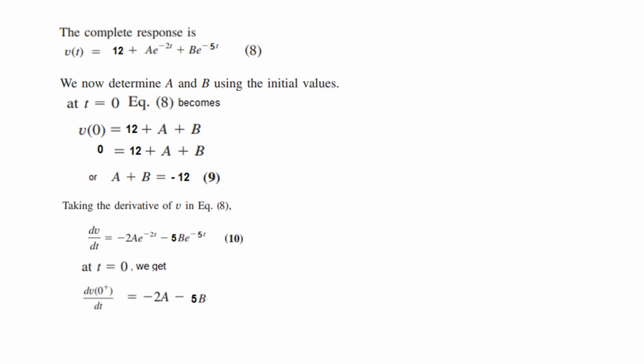So at t equal to 0, this will become dV0/dt, and this will become minus 2A and minus 5B. We have already calculated this value in the second step. We will put that value here. This was calculated to be 60 volts per second. So we plug in this value, and we get the second equation: 2A plus 5B is minus 60.